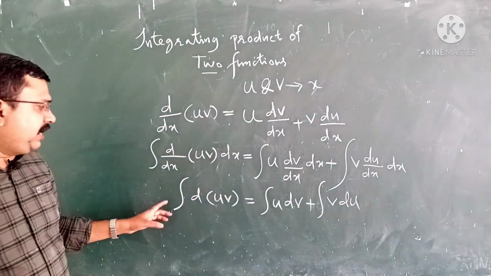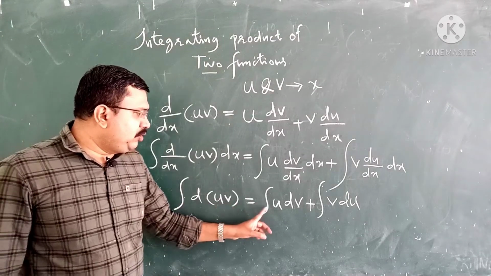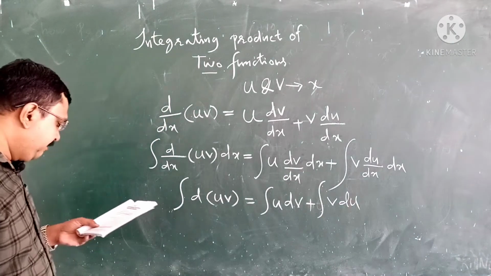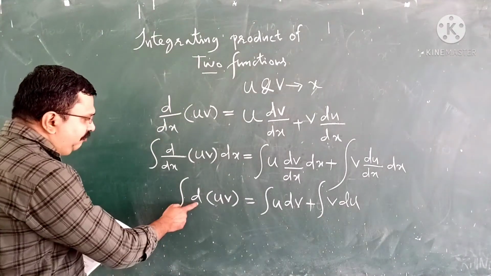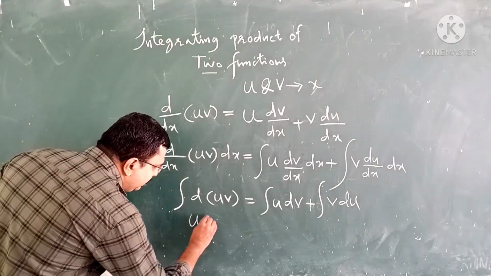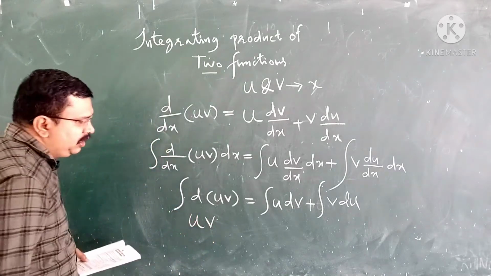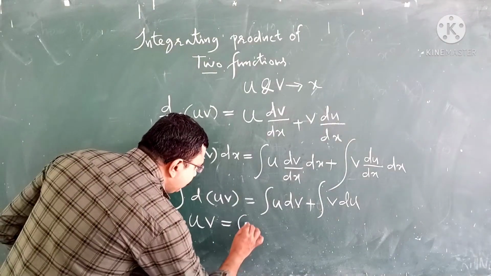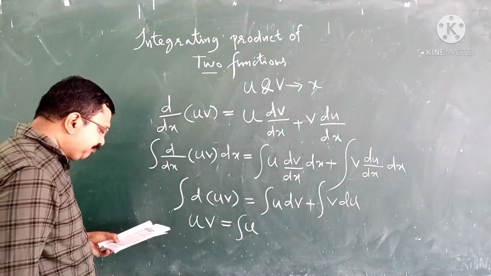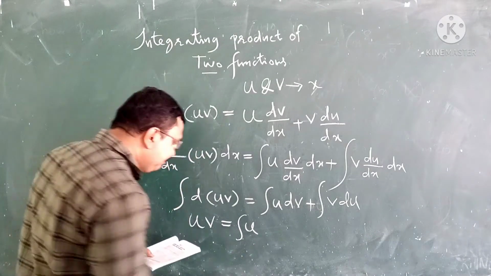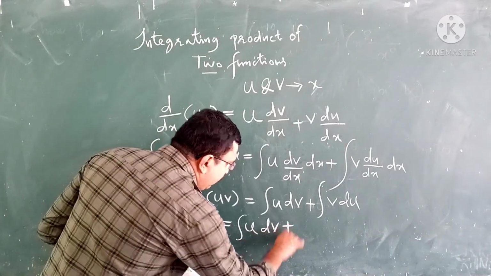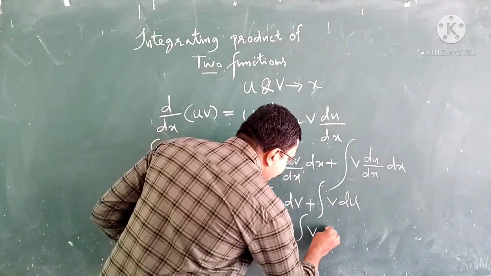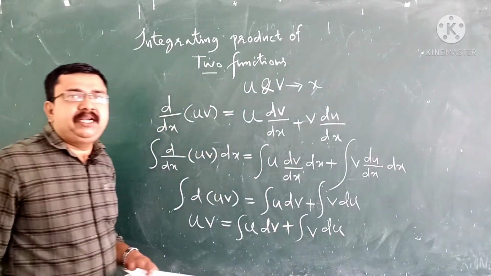Here d is cancelling, then the remaining is uv is equal to integral of u dv plus integral of v du.